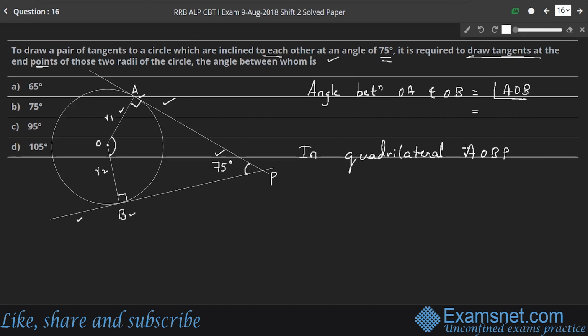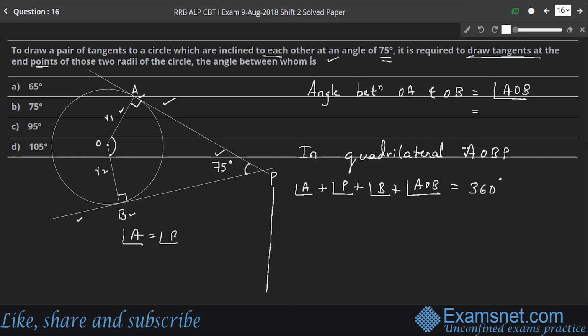We know that. Therefore, in quadrilateral AOBP, angle A plus angle P plus angle B plus angle at O, which is AOB, is equal to 360 degree. The sum of the interior angles in a quadrilateral is equal to 360 degree, right? And also we know that angle A is equal to angle B is equal to 90 degree.